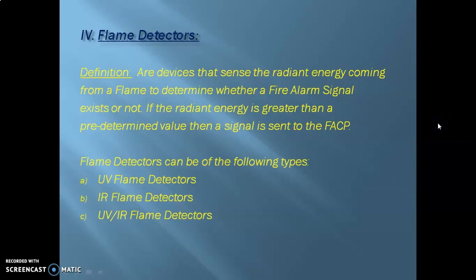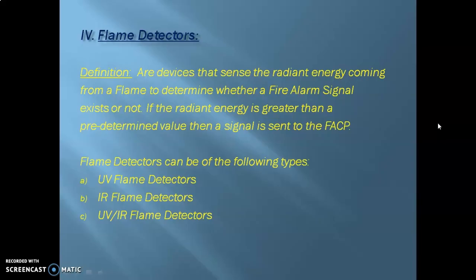So the next type of alarm initiating devices that we will be talking about are the flame detectors. As the name itself suggests, these are devices that sense the radiant energy that comes from existing flames, in order to determine whether a fire alarm signal condition exists or not.